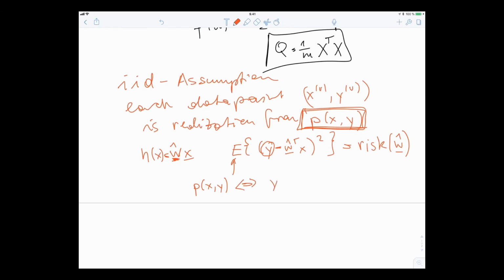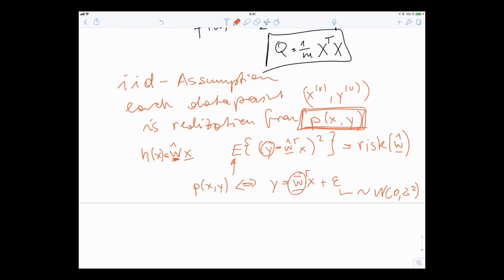I think it's called structural equation. So we say the label of a data point, of a realization of a data point, is related to the features by applying a weight vector, W bar. This is the true underlying weight vector, plus some noise. And this noise might be distributed Gaussian with zero mean and some variance.